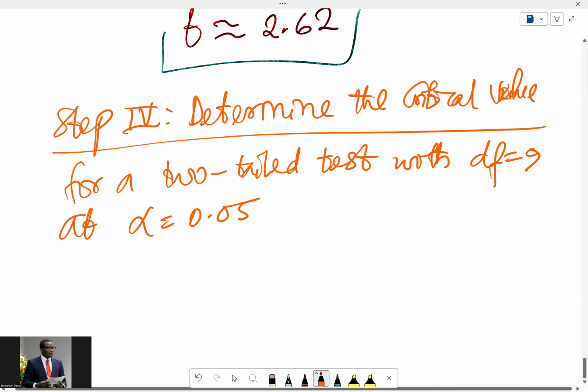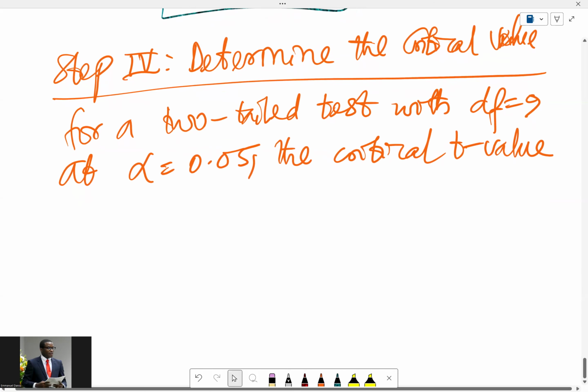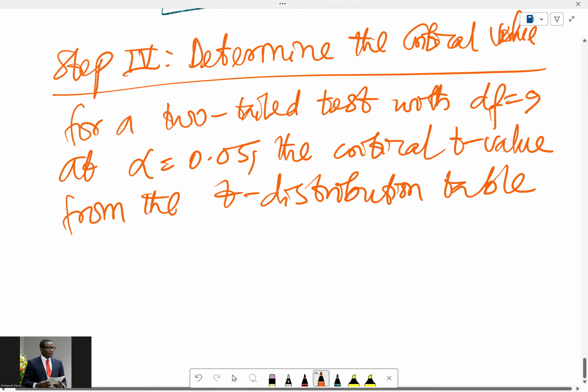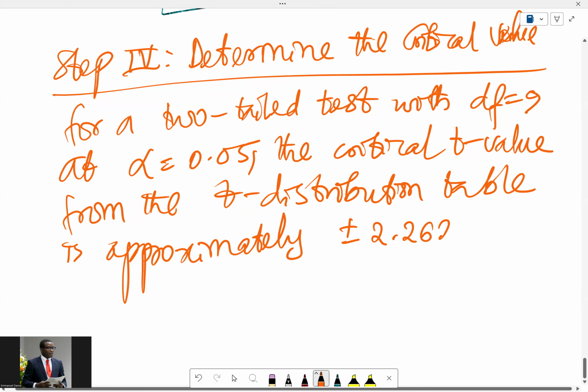If you check your table, the critical t value, it used to be z value, now it is t value from the t distribution table, is approximately plus or minus 2.262. So you can check your table to be sure of that.